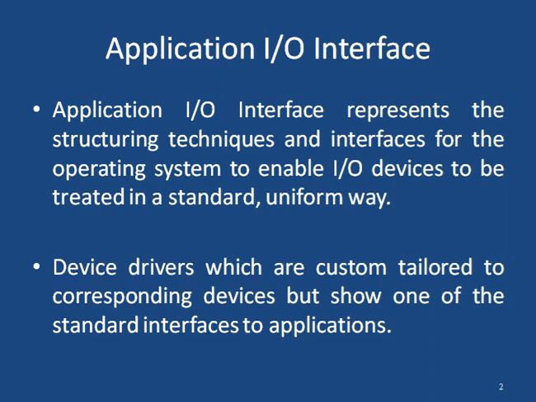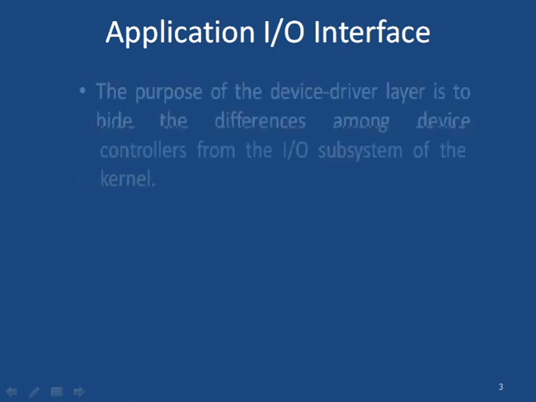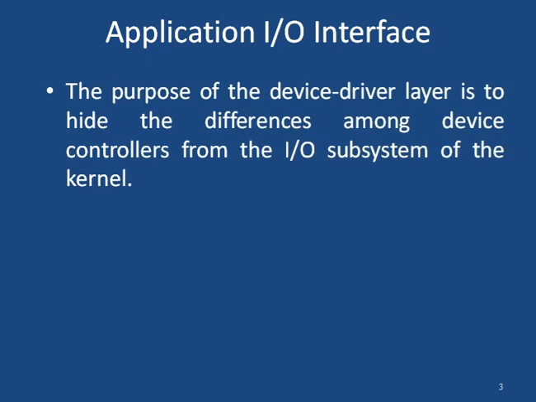These application I/O interfaces reduce the burden on the operating system. So the purpose of the device driver layer is to hide the differences among device controllers from the I/O subsystem of the kernel. This is the job of the application I/O interface.